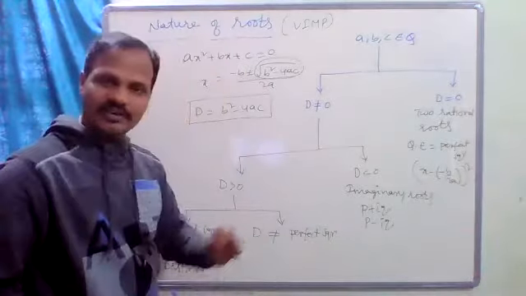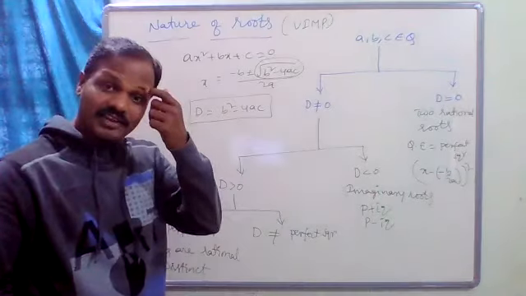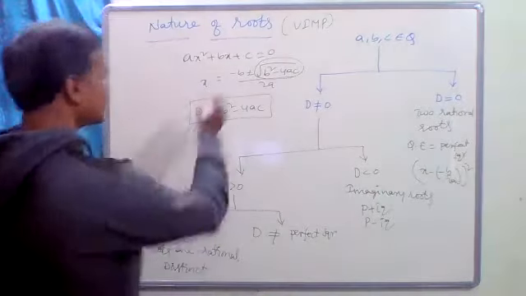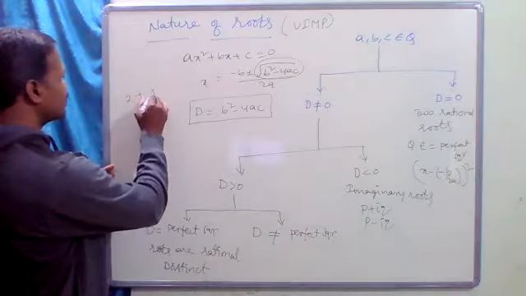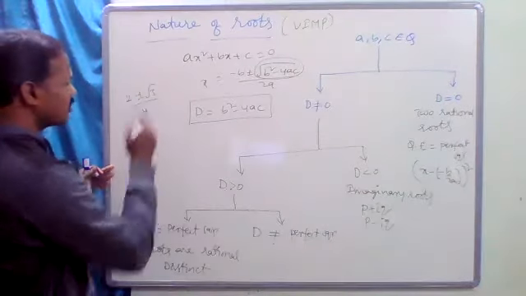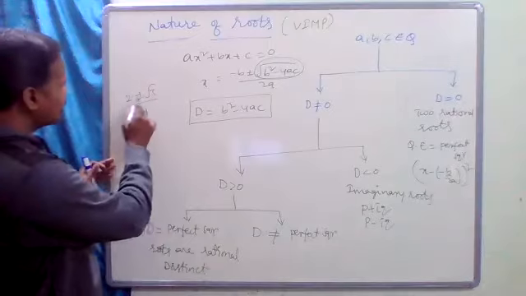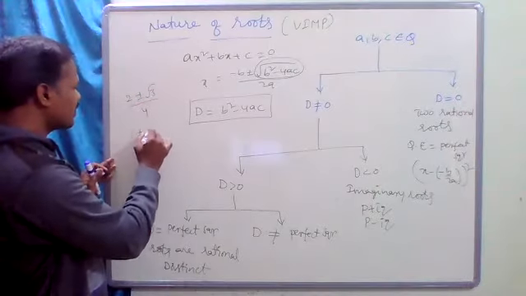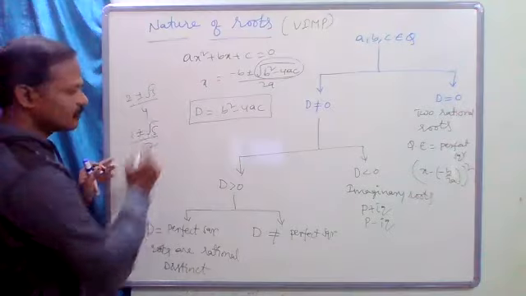If D is not a perfect square, what about the roots? The roots look like 2 plus or minus root 3 by 4, where 3 is not a perfect square, or 1 plus or minus root 5 by 2.